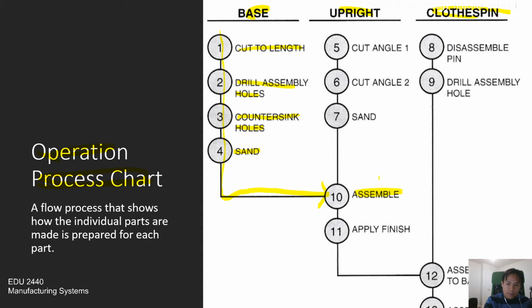Secondly, before assembly, cut angle 1, cut angle 2, and sand. These go together to the assembly line to number 10, and apply finish. And we also assemble the pin through the assembly hole, which goes to another assembly line. So this shows a picture of operations. This is the operation process chart.